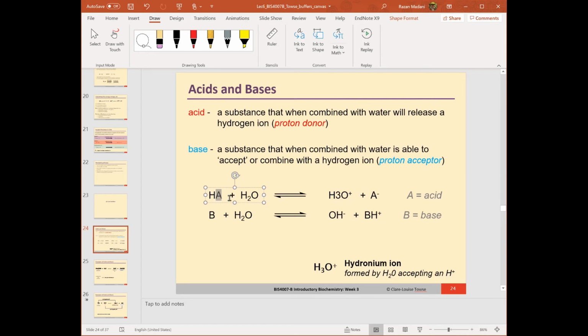So A is the one that is the acid, the proton donor. Also, an easy way to spot it, like I said, is to see if it's negative at the end. If it's negative, that means it donated a proton.